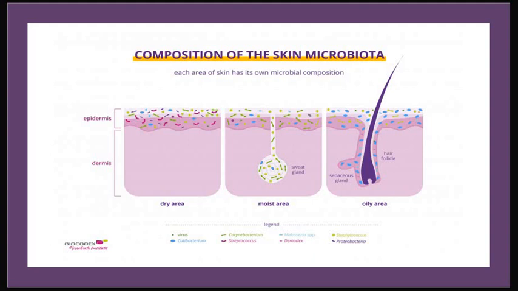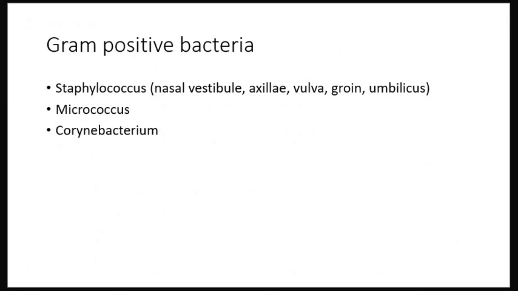So basically, in this lecture, we will cover the bacteria that penetrate into the body, and the antibiotics that are effective against those bacteria. Okay. Bacteria are further divided into two categories: gram-positive bacteria and gram-negative bacteria. Staphylococcus, Streptococcus, Micrococcus, and Corynebacteria come into the category of gram-positive bacteria.